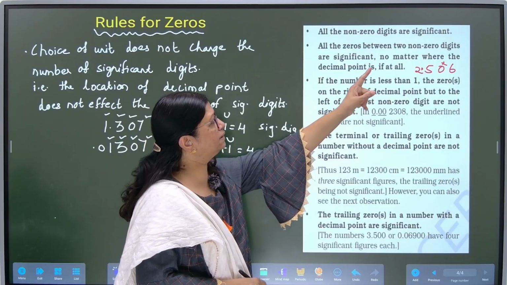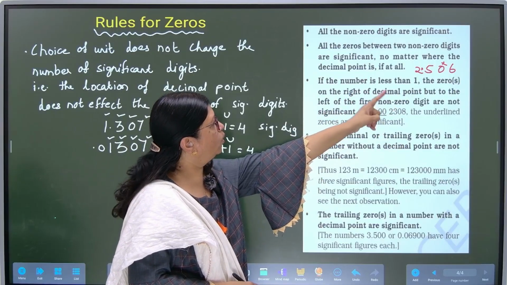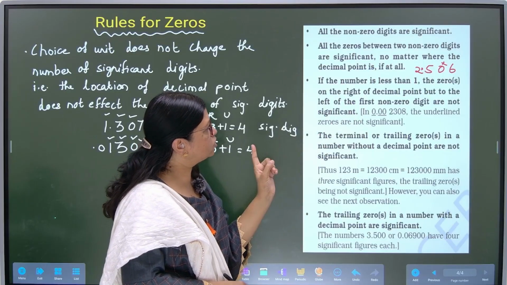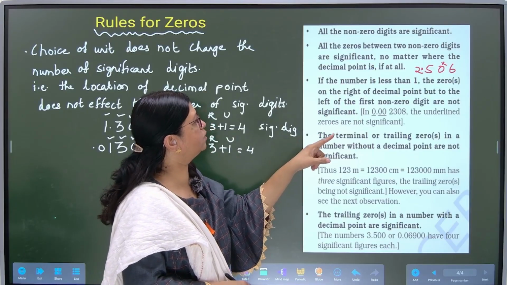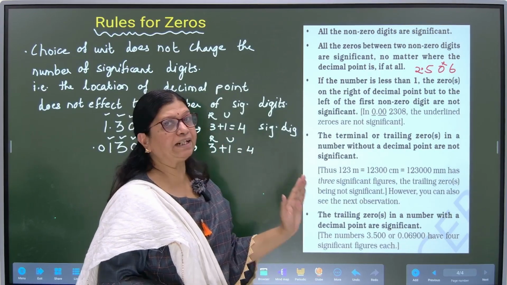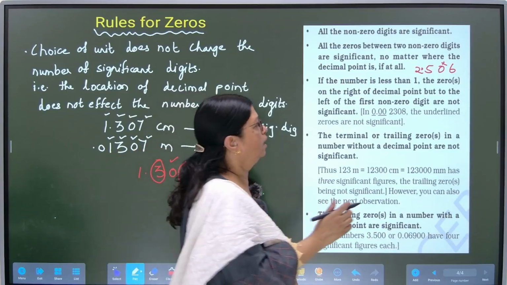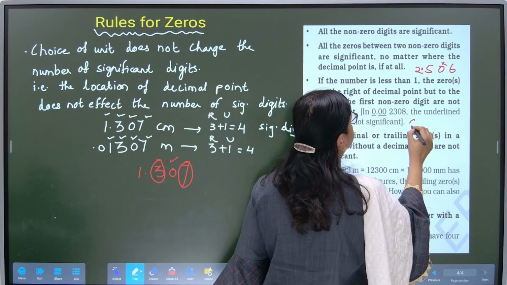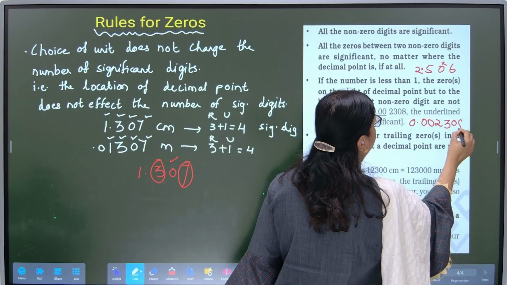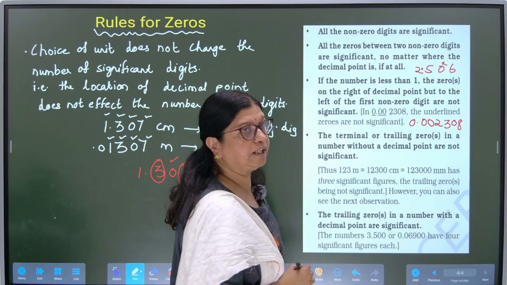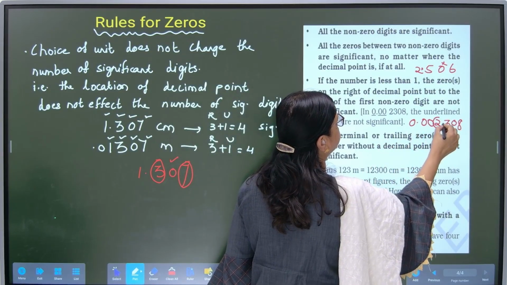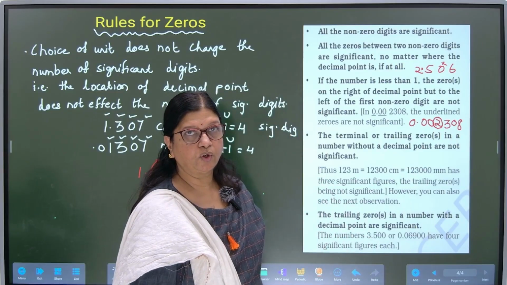Now let us move to the third point. If the number is less than 1, the 0 or the zeros on the right of the decimal point but to the left of the first non-zero digit are not significant. First of all, let us consider the example given to us: 0.002308. Here you can see that 2 is the first digit which is non-zero.